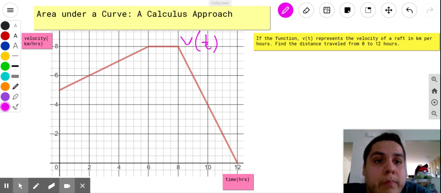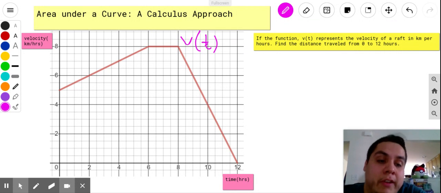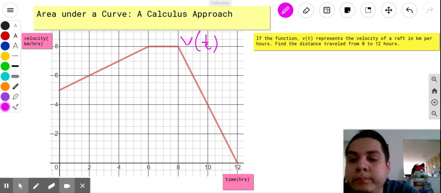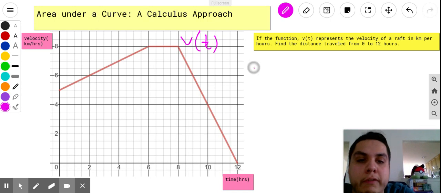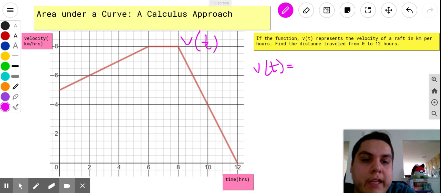So if I think about what I'm given, I know that velocity is usually found by taking the distance and dividing it by time.